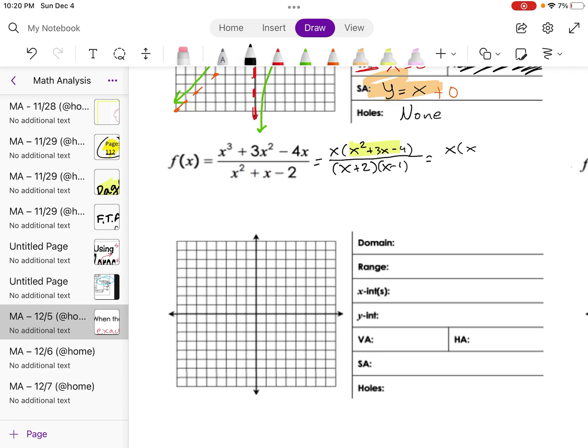We can even simplify this one further, which would be x minus 1, x plus 4, excuse me.